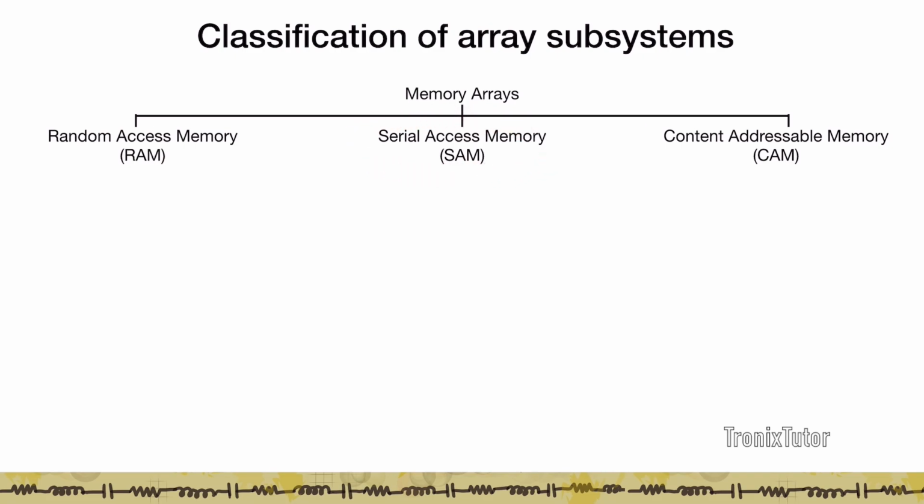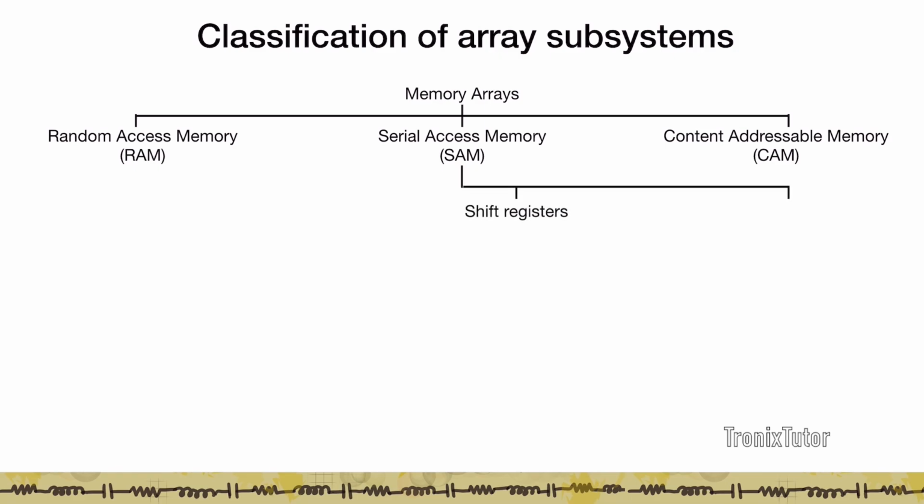Then there is serial access memory, where the data is always accessed in a serial fashion. And the last one is content addressable memory, where you can give a piece of content and it returns all the cells in the memory that have that piece of content. So you can access the memory using random access, serial access, or content addressable memory.